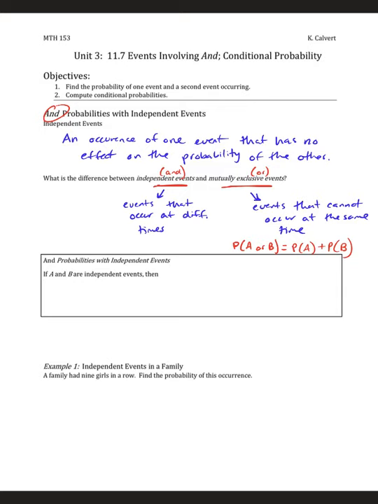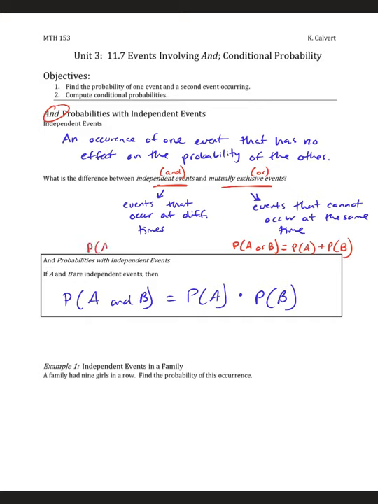Now, let's jump down to the box below. If A and B are independent events, then the probability of A and B is going to be equal to the probability of event A occurring, multiplied by the probability of event B. This is the formula that I'm going to fill in right up above.